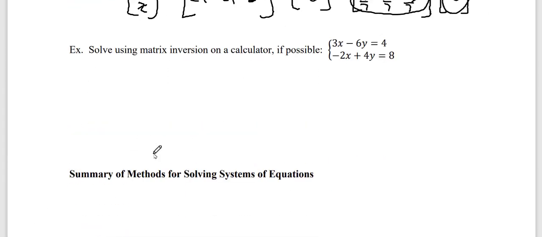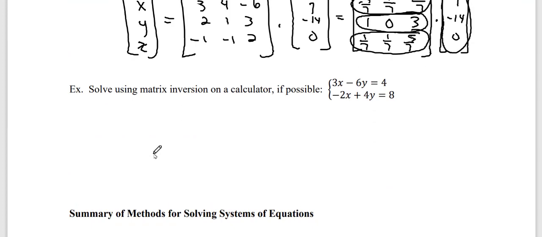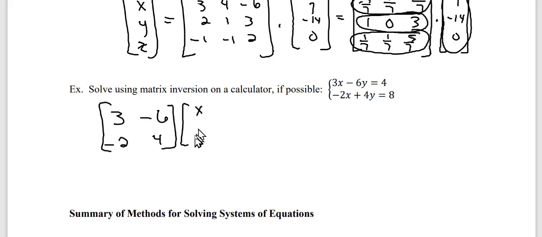All right, one more example here. 3, -6, -2, 4 times x, y will equal 4, 8. That's my matrix equation.